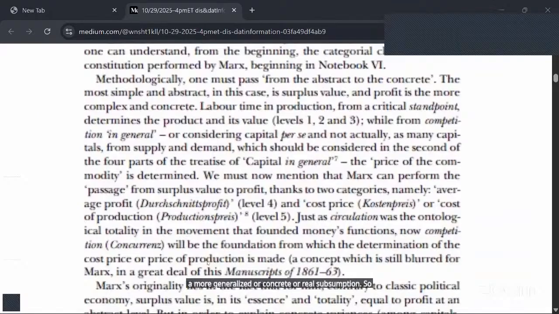So that's kind of described there, although I'm not sure whether you'd be misrepresenting it if you referred to it as the difference.